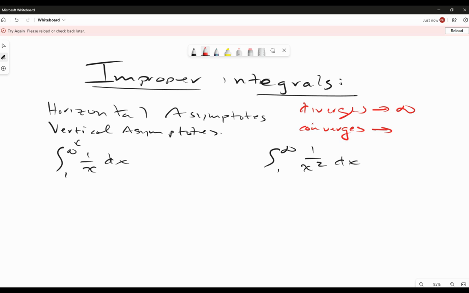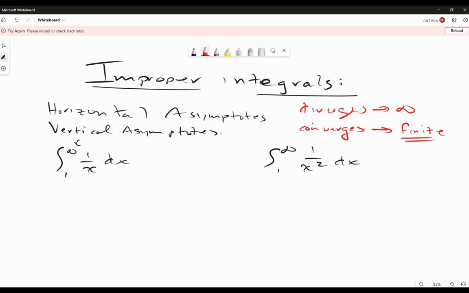If it converges, it gives you a finite, solid answer, and you can find the answer itself.